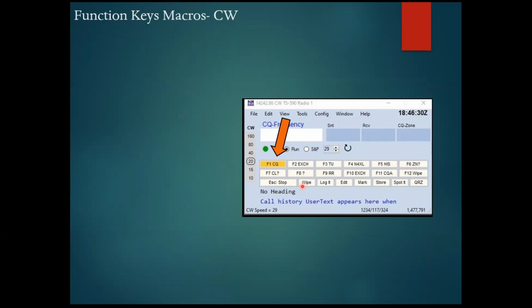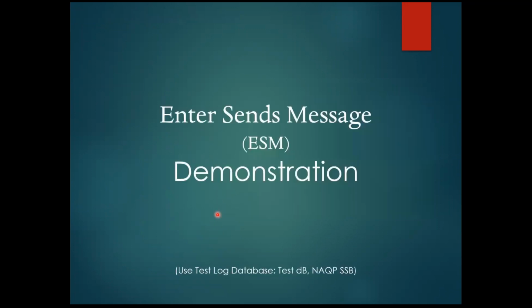But what that means is if I hit the enter key right now, it'll send whatever message is highlighted in orange. So on that particular screen, if I hit enter, I'd start a CQ. You can mess yourself up. It took me about 3 or 4 contests to get used to it. But in the middle of it, you can hit escape and stop if you hit the wrong key and then go on from there.